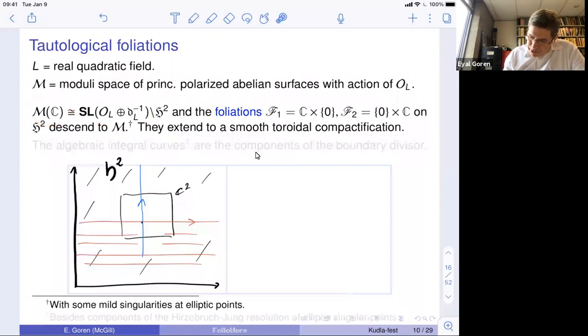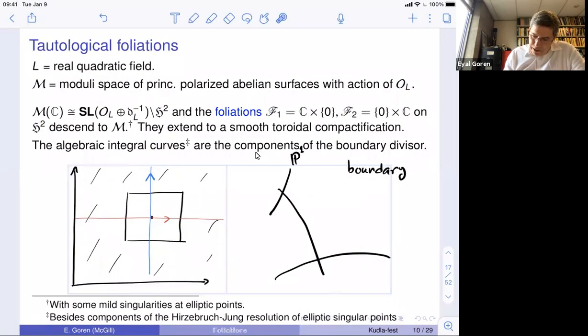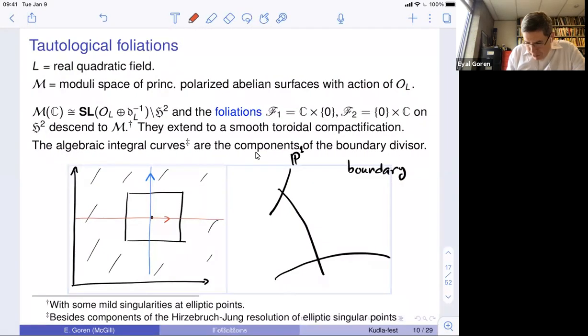Those foliations actually extend to a toroidal compactification. If you look at what happens at the boundary of a toroidal compactification, you have a chain of P^1s appearing, and near the boundary those foliations look something like that.